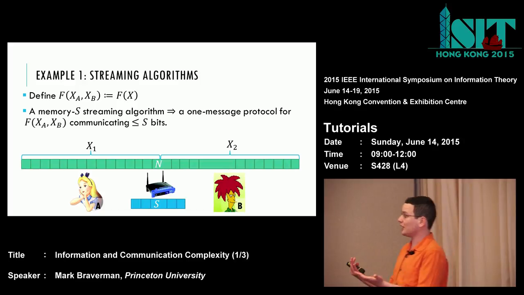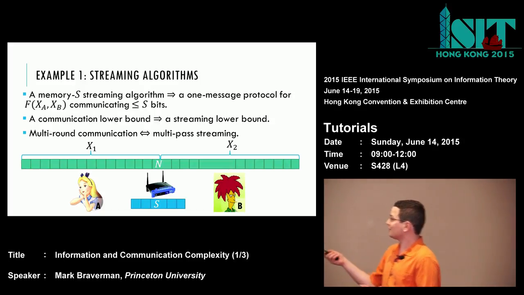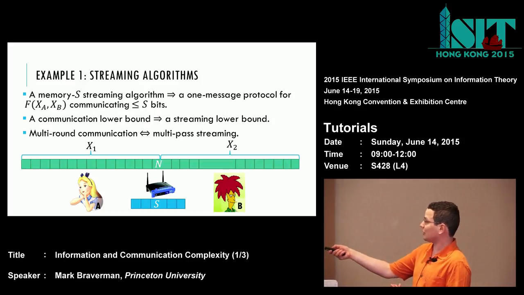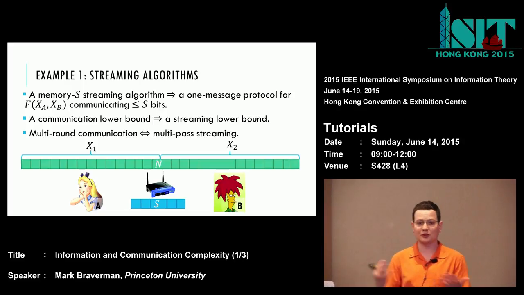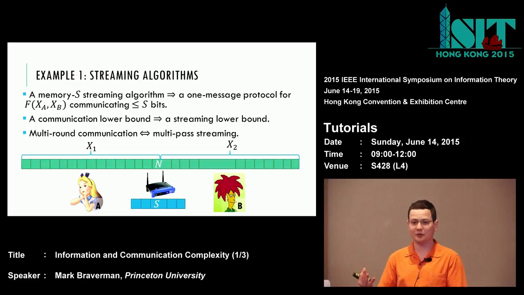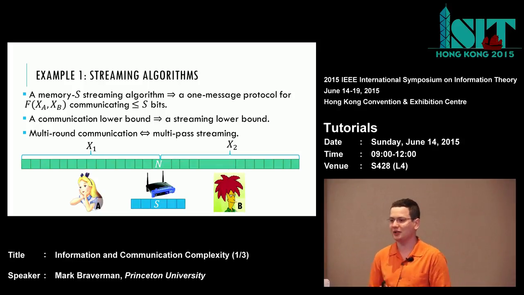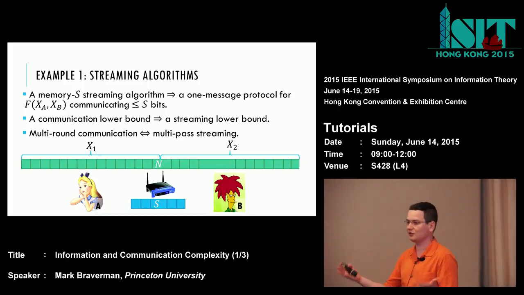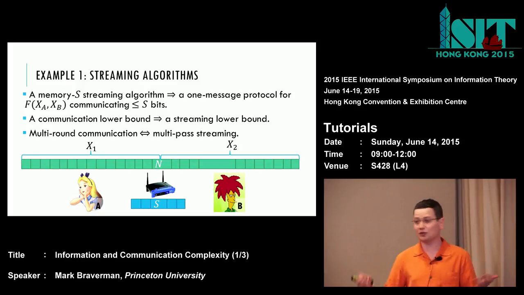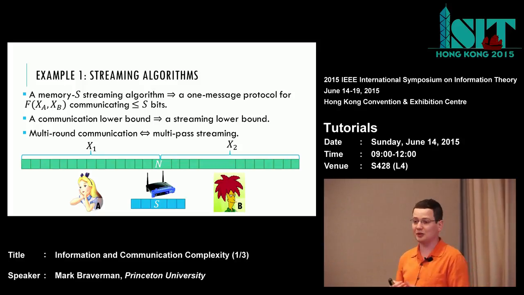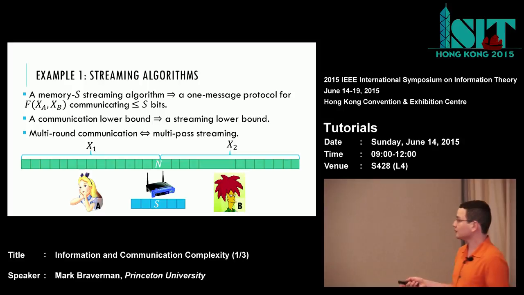And the way you would apply this is if you have a communication lower bound, so if you prove that your function requires a lot of communication, then it means that you cannot have a streaming algorithm. For example, for many problems, you can actually prove that you need a linear amount of memory.